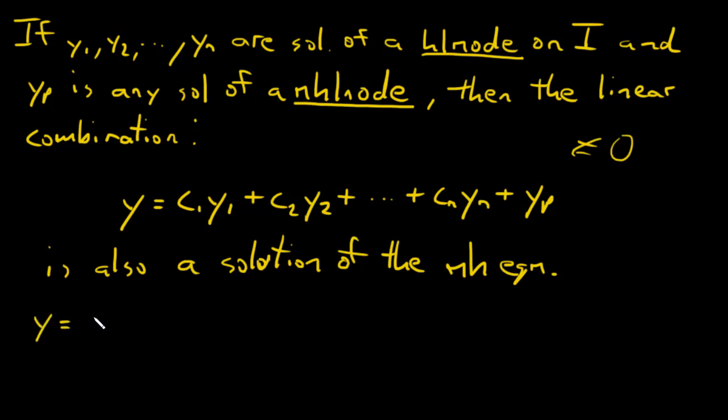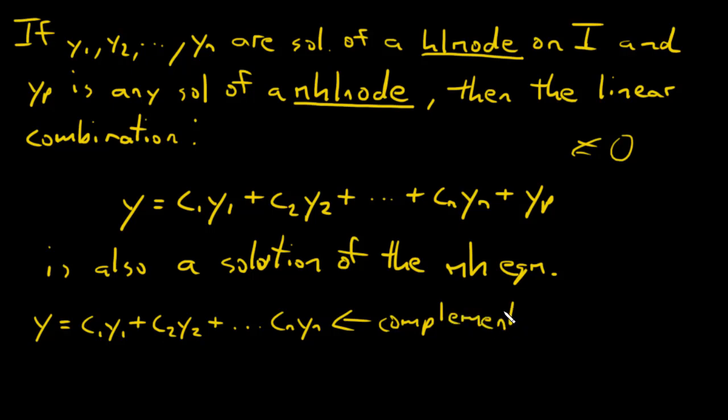Y equals C1 Y1 plus C2 Y2 plus dot dot dot C sub n Y sub n. Okay. Now, this right here is called the complementary solution.